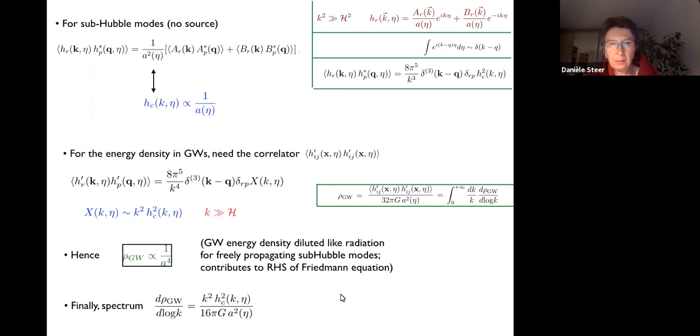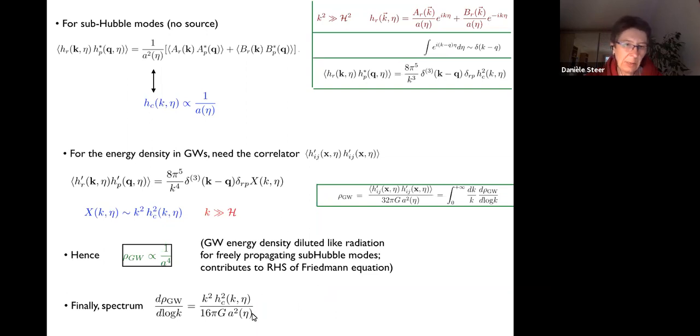And so as you'd expect, the gravitational wave energy density is diluted like radiation, at least for freely propagating sub-Hubble modes. And that's something that we mustn't forget, because it's going to contribute to the right-hand side of the Friedmann equation, and it's going to be important for constraints later on the stochastic gravitational wave background.